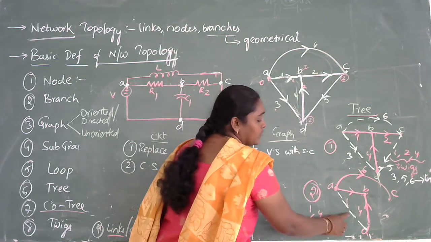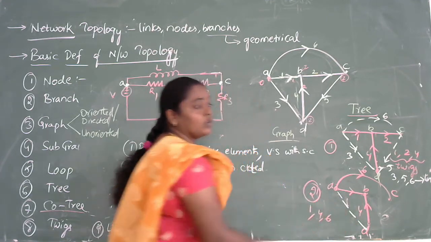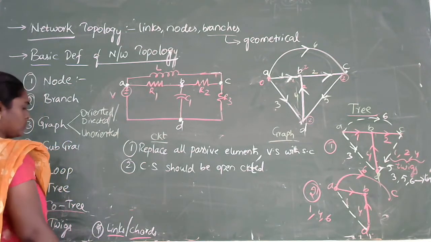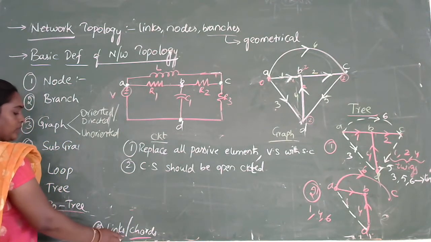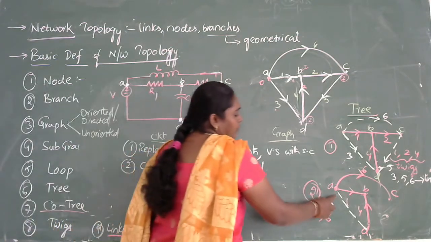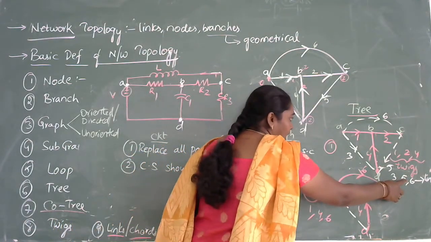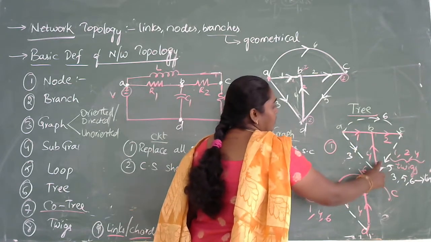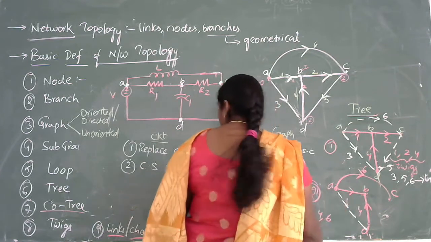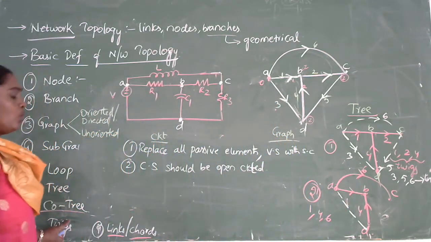The branch used to make a closed loop is called a link. So the absent branches of a tree are called links. The present branches of a tree are called twigs. The group of links is called a co-tree.